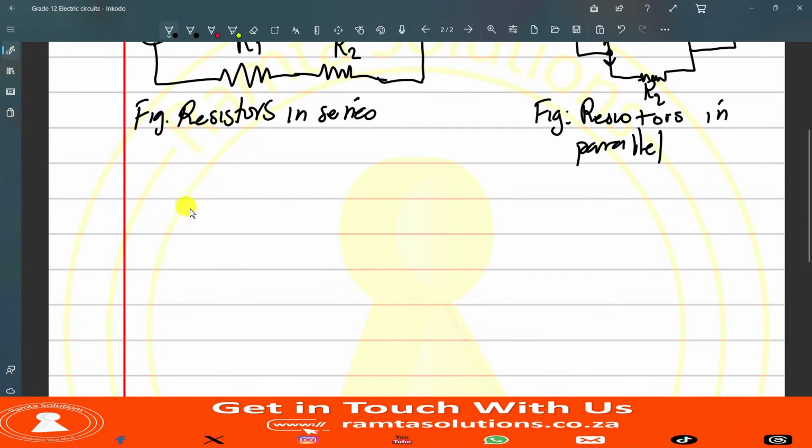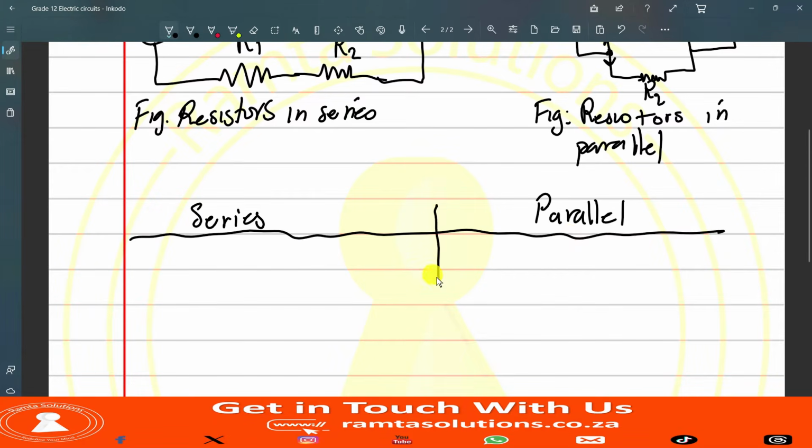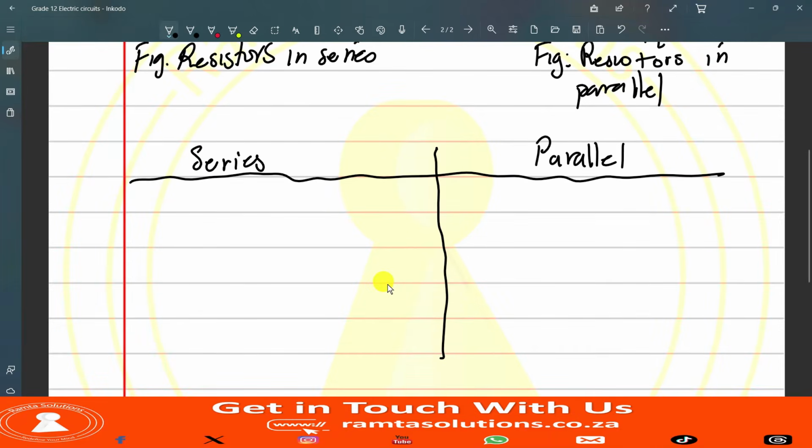It's going to be a tabulation. Let me tabulate the difference between them, series and parallel. So let's start. For a series connection, what's happening?